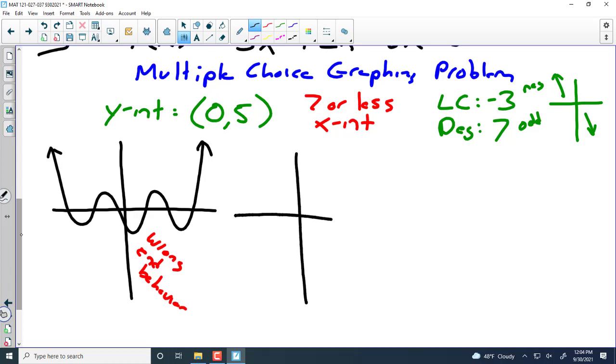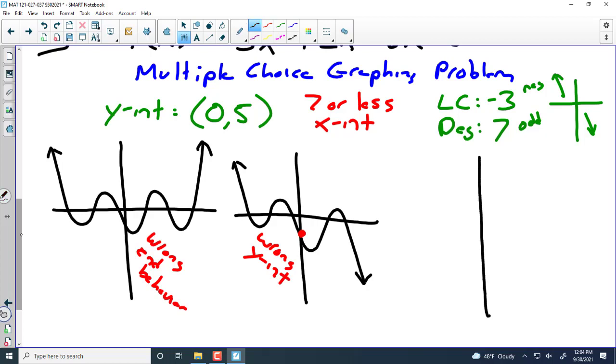Okay, great. All right. Is that the right graph? I'll tell you, I know that it's not. The y-intercept is wrong. Wrong y-intercept. So you're telling me that I need that end behavior, but I need the y-intercept to be positive.